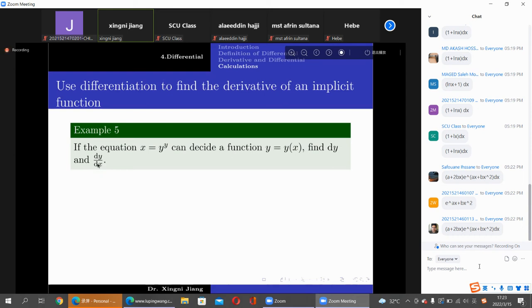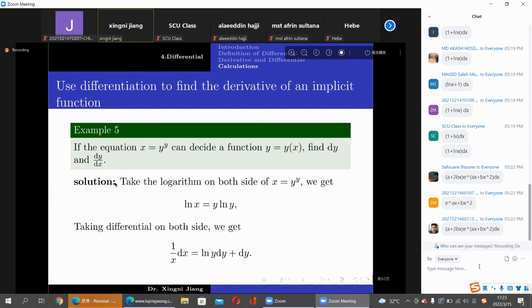What we should do, we just do the differential. We first take the logarithm on both sides of this equation, and then we get this guy. And then we take the differential on both sides, then we get this one.